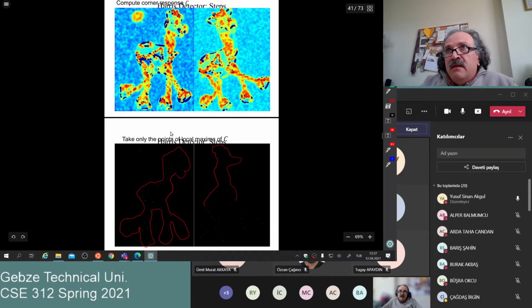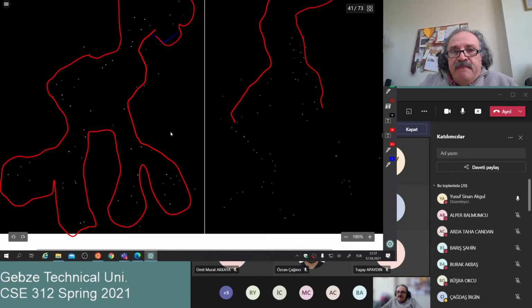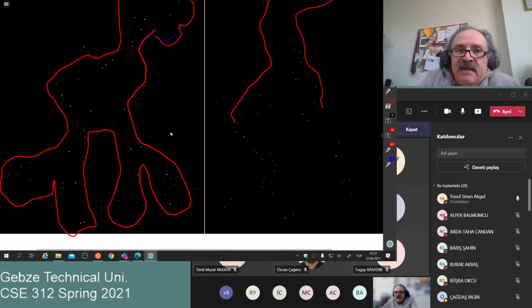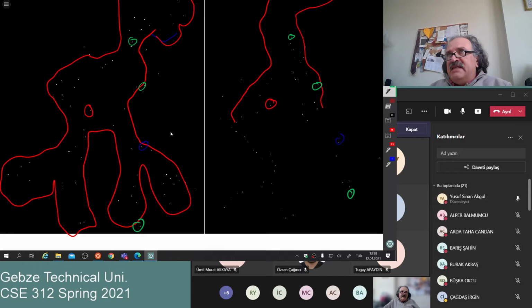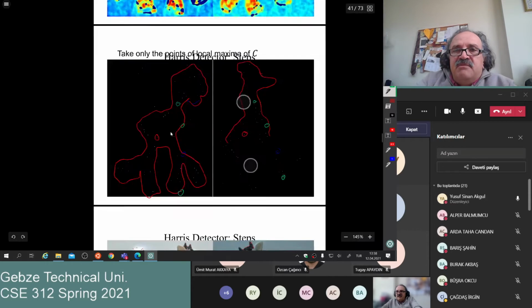I can get the correspondence between these two images. Question: using these points, if I find the corresponding points, let's say this point corresponds to this point, this point corresponds to this point, and this one corresponds to this one, etc. So I have found, let's say, 4 or 5 correspondences between these two images.